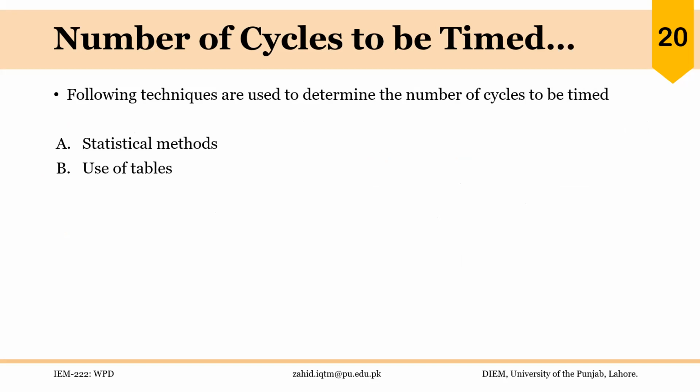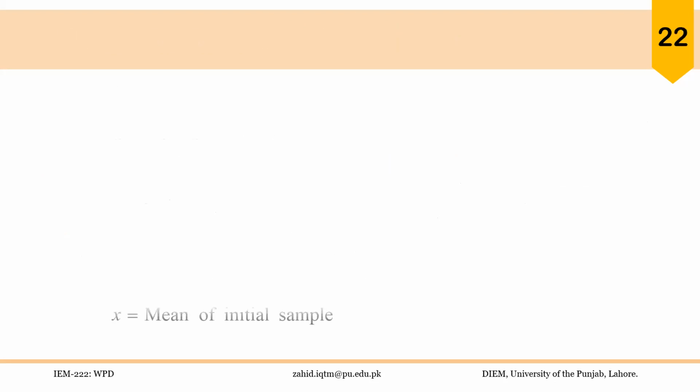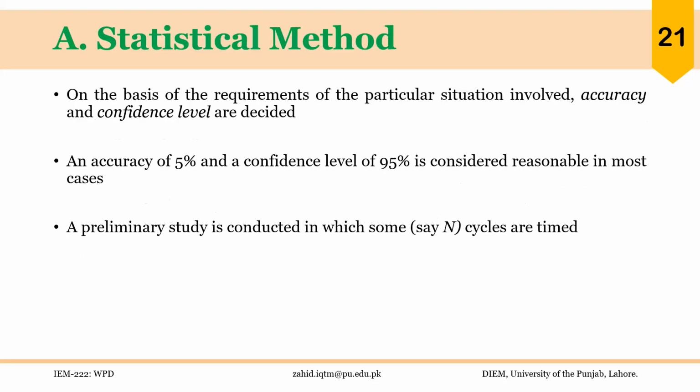There are 2 techniques generally to find the number of cycles to be timed. We have statistical methods, and we have the use of tables. On the basis of the requirements of the particular situation involved, accuracy and confidence level are decided. There are 2 important considerations in statistical methods, accuracy and confidence level.